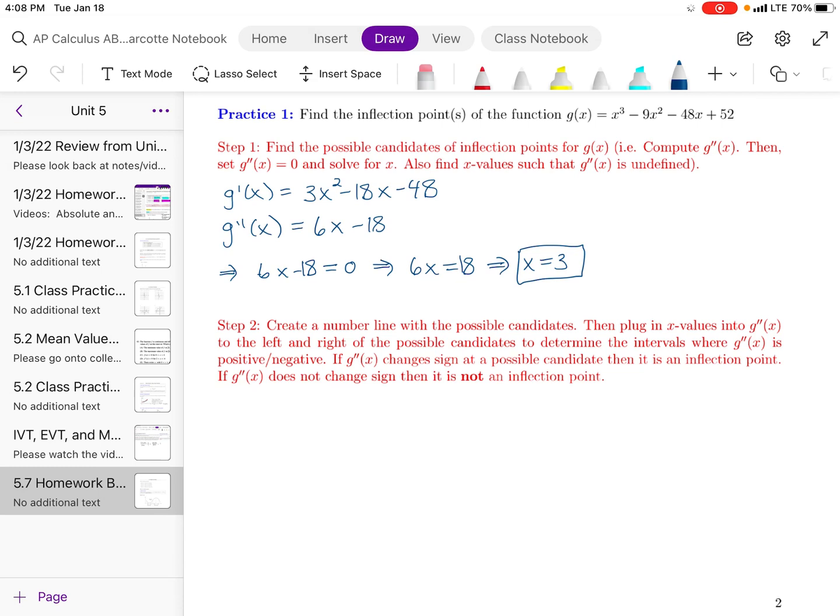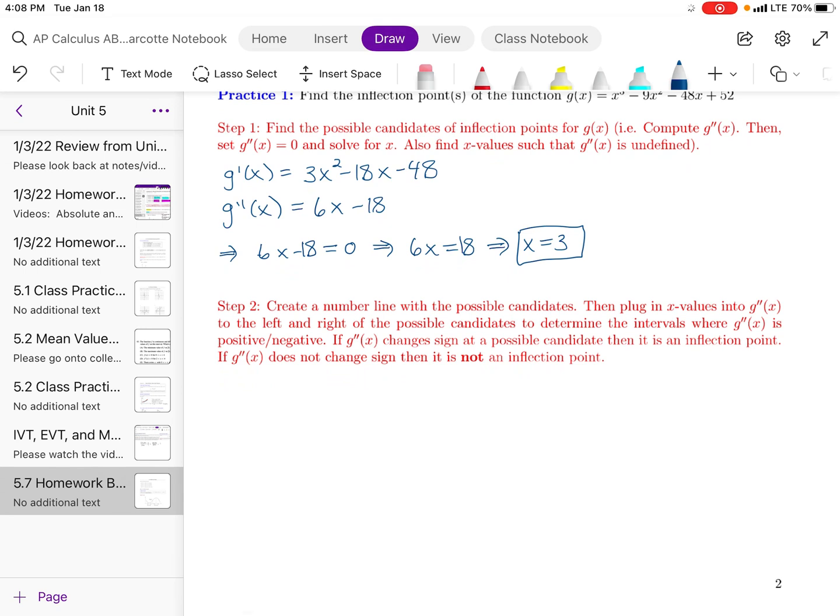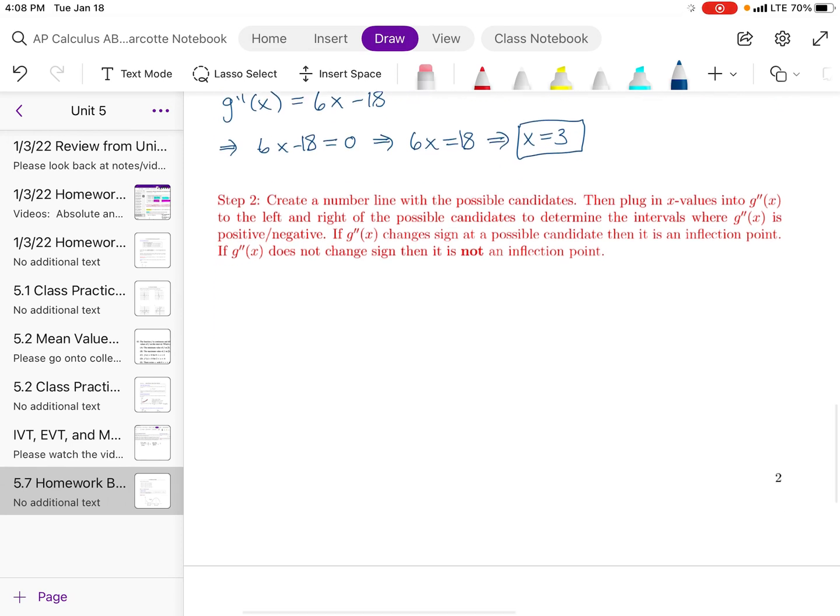Now what I'm going to do is make a number line just like I did with the first derivative test, but then I'm going to plug in values to the left and to the right of 3 into the second derivative because I want to see if it's positive or negative to the left or to the right of 3. Okay, so I'm going to make my number line.